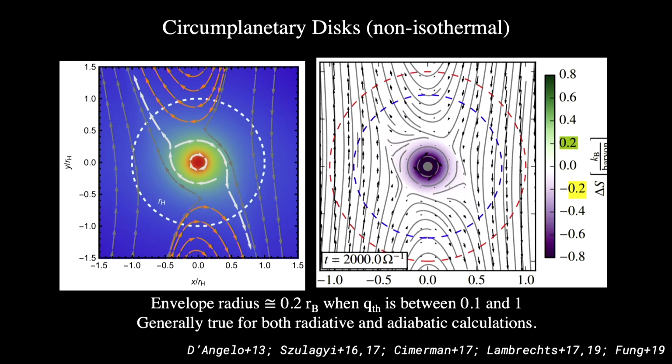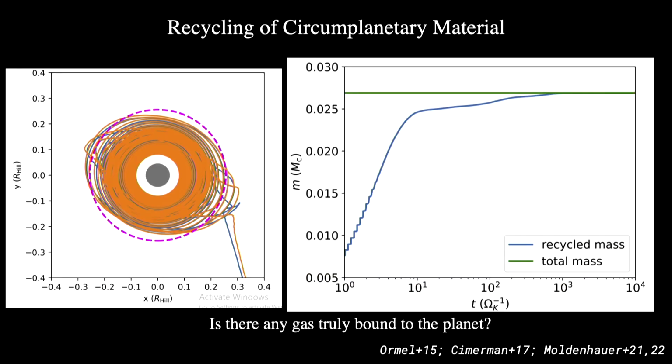Because there's been a body of literature showing that if you take a gas parcel very close to the planet, deep inside that envelope, and you just wait, as it turns out, that parcel of gas will eventually circulate all the way back out beyond the Bondi radius, beyond the Hill radius, and all the way back out into this protoplanetary disk.